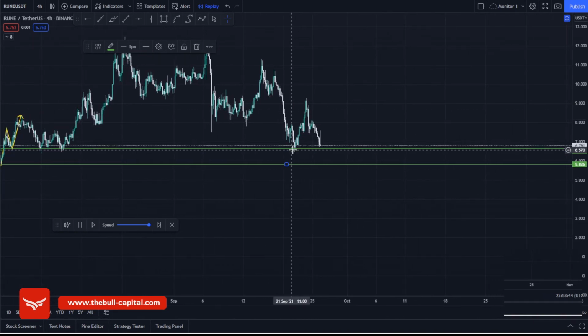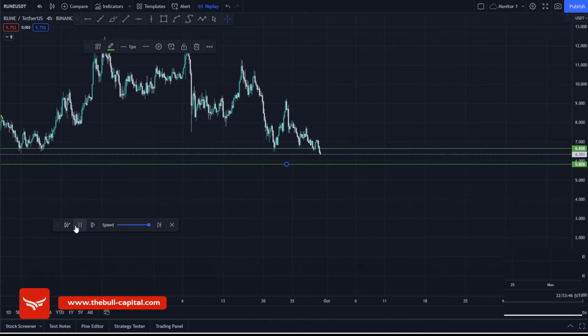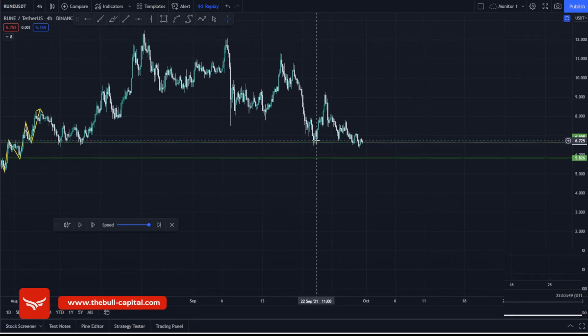So it held again, it had a bounce, it came back, it had a lower bounce this time. That means the selling pressure is high, and the more a level is tested, the less it will hold.